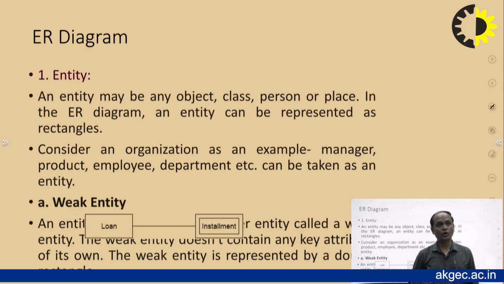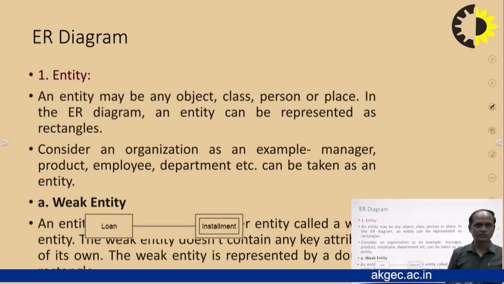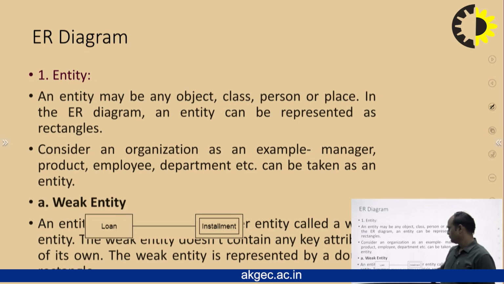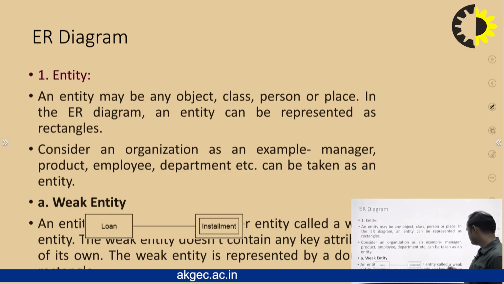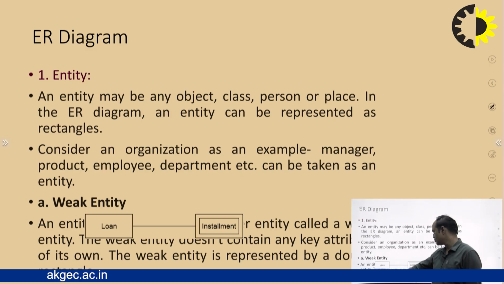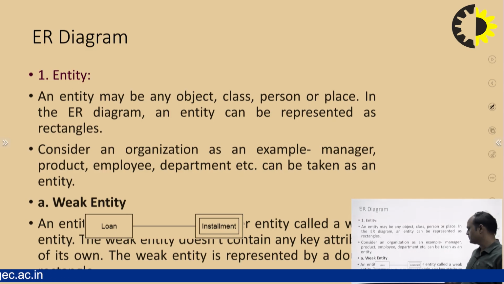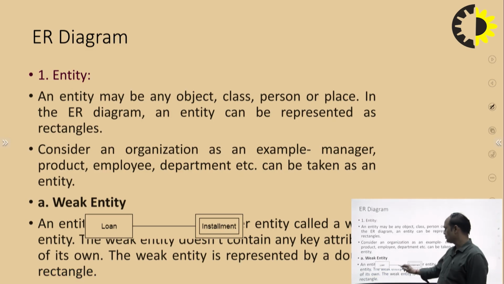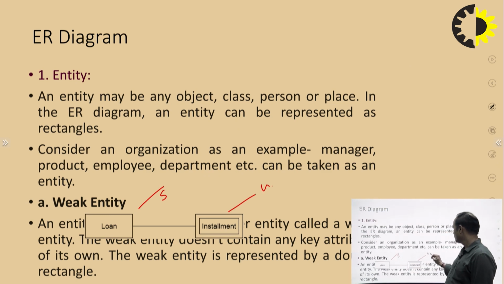This normal entity is called a strong entity, but how can a weak entity be shown? A weak entity is an entity that does not contain any key attributes of its own. The weak entity is represented by a double rectangle. So loan is called a strong entity and installment is called a weak entity.